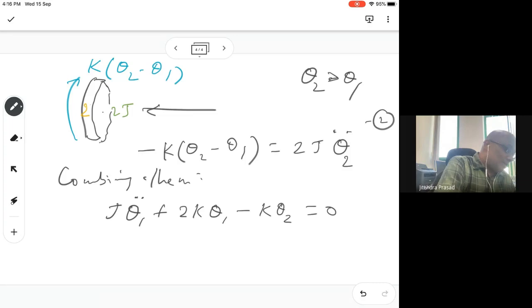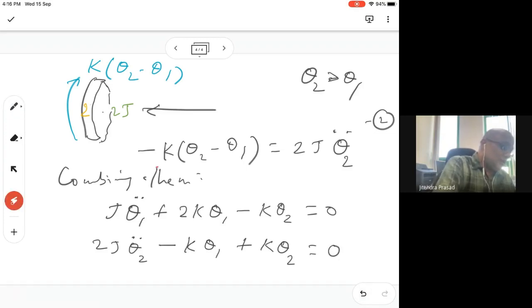This was from the first equation. From the second equation, you get 2Jθ2 double dot minus kθ1 plus kθ2 is equal to 0. So the equations are rearranged like this.